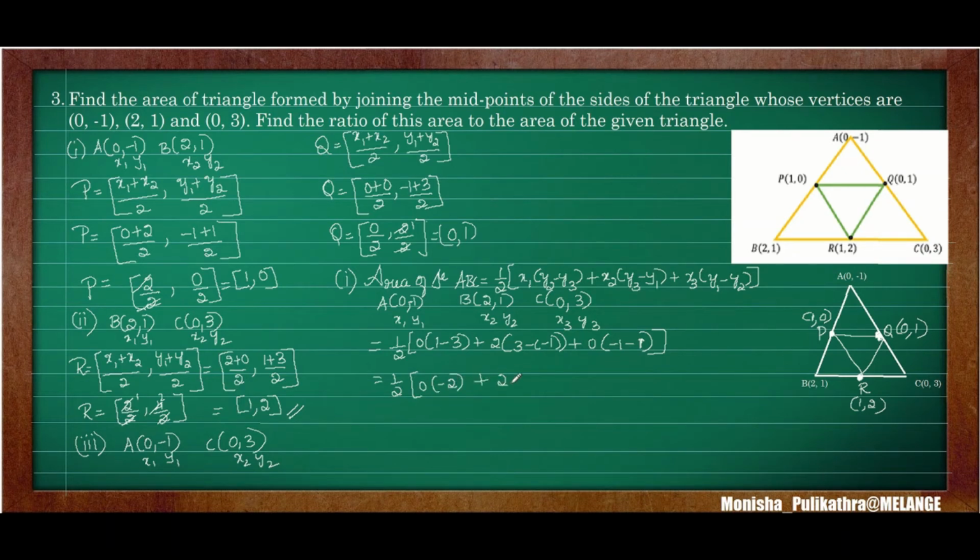So plus 2 into 3 plus 1, which becomes 2 into 4, and 0 into minus 2 will become 0 itself, because when we multiply any number with 0 it will become 0. Okay, so half into 8. So what we got, area of triangle ABC is equal to 4 square units.